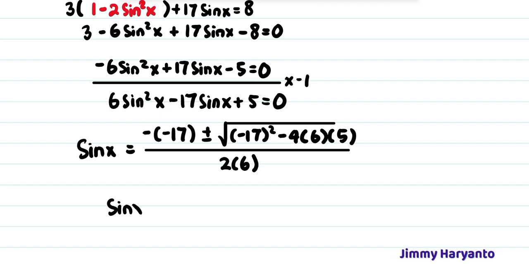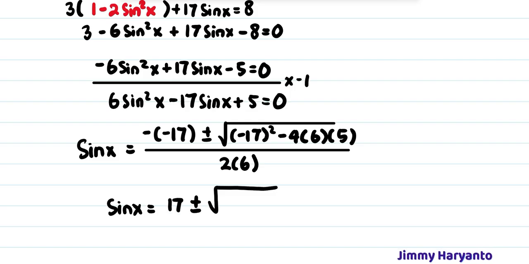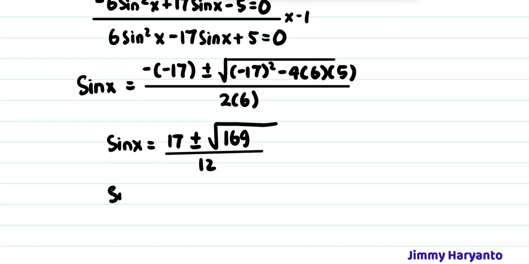So sine x equals 17 plus or minus the square root of 17 squared minus 4 times 6 times 5. Oh, it's good numbers, by the way. We could have factorized it before. Okay, so 17 plus or minus 13, over 12.